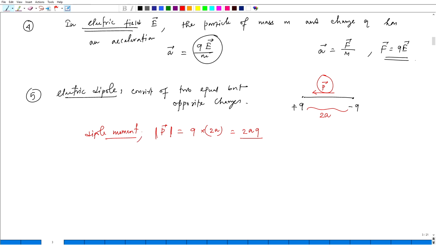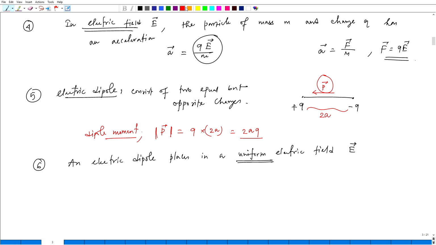Now if we place this electric dipole in a uniform electric field E, here uniform is important.